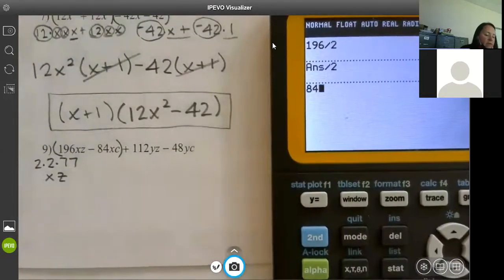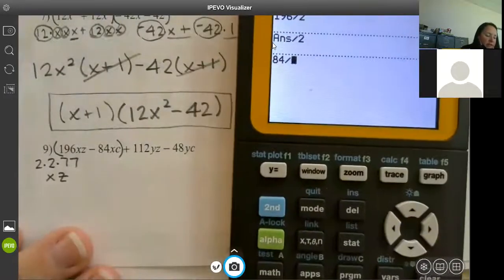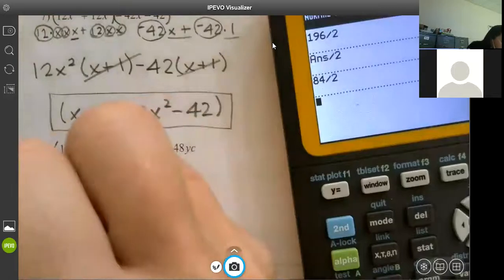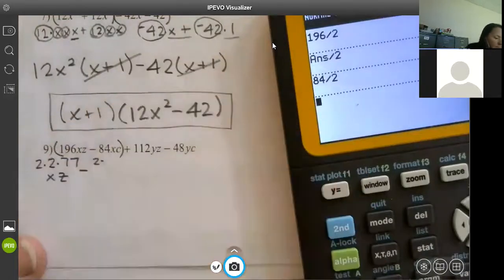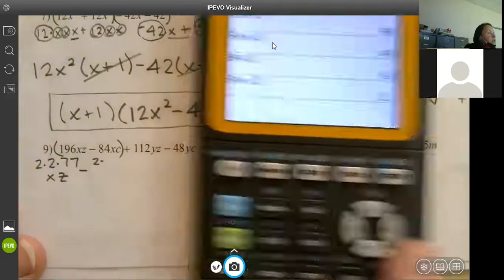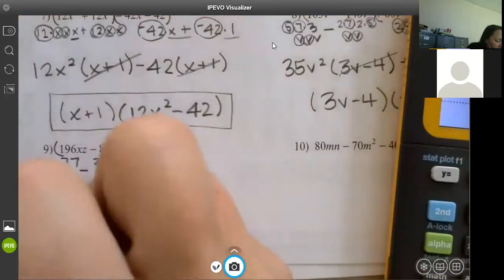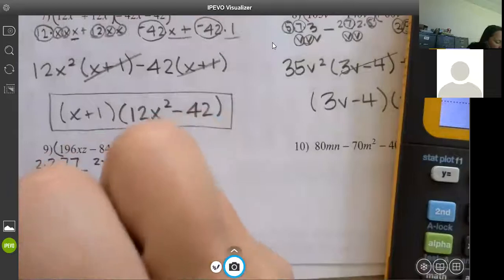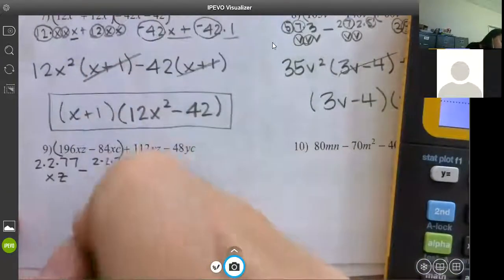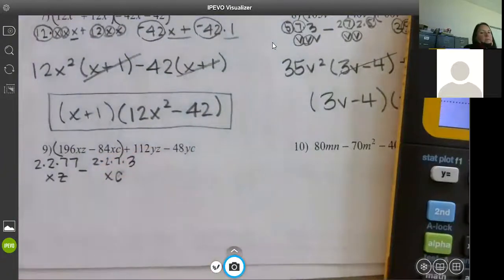Do the same thing with 84. I know it's even, so I can divide it by 2. So I get 2 and 42. 42 is divisible by 2. I get 2 and 21. And 21 is 7 and 3. And we have x, c.